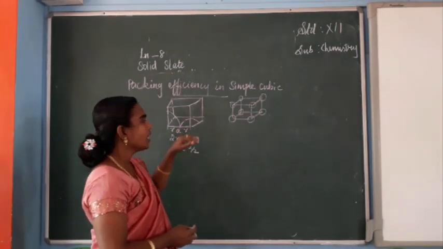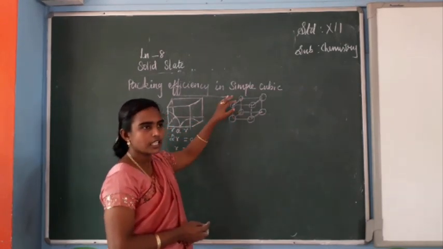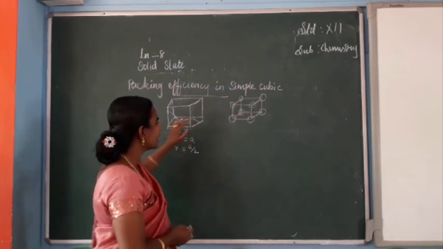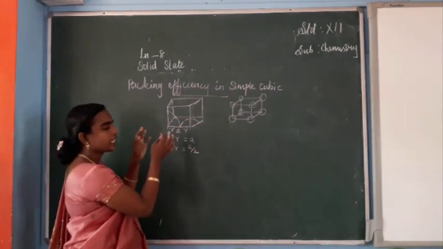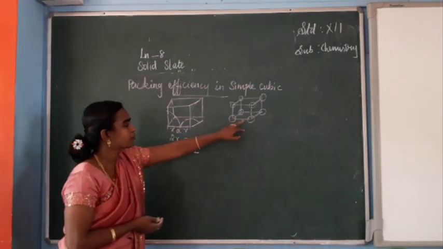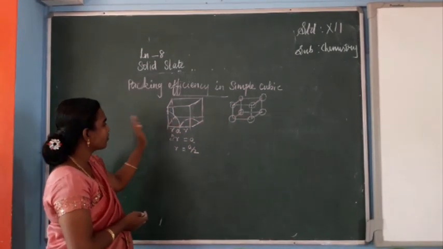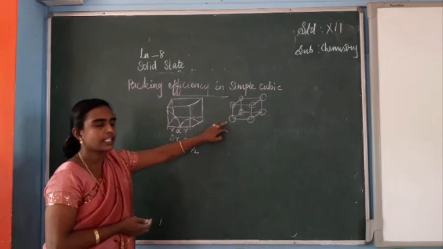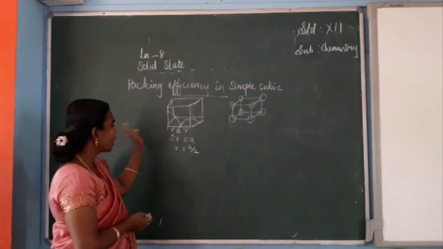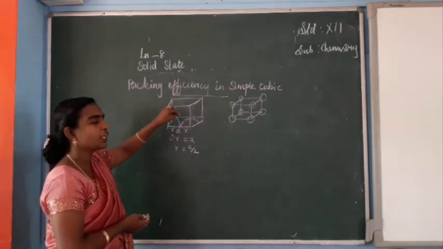If the lattice points are occupied only in the corners, we call it a simple cubic, isn't it? Here atoms are considered as spheres, isn't it? These 2 spheres I have drawn like this. Is it clear? Half of them will be shared. Each corner atom can be shared with 8 other units, so only a part we can draw for this single unit cell.